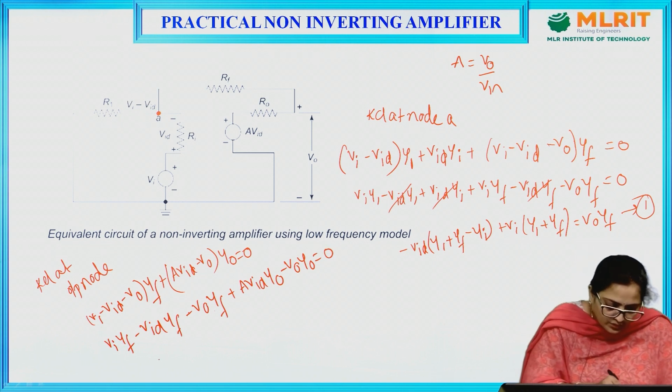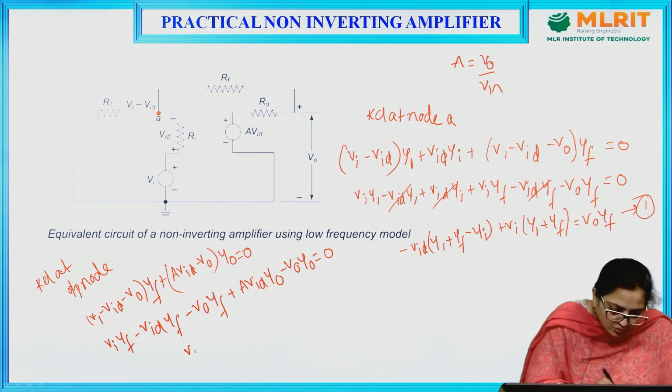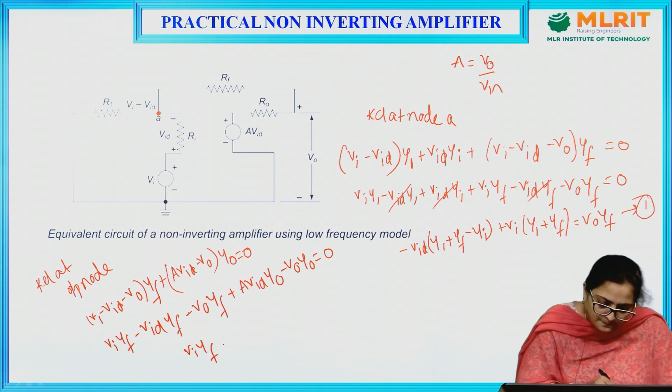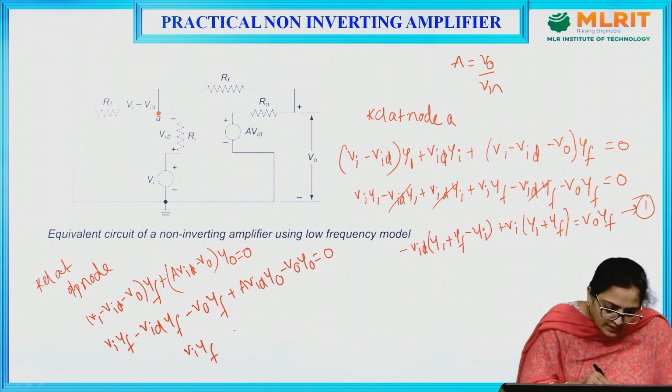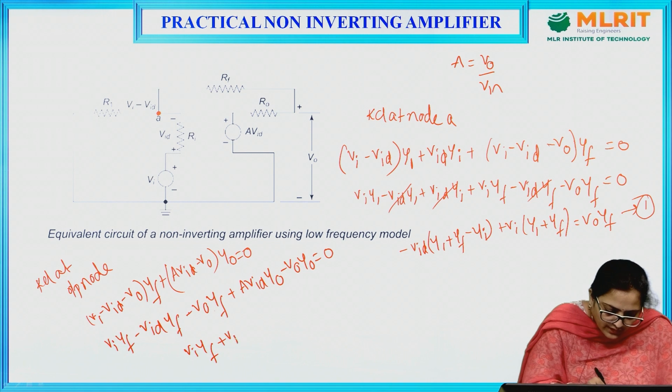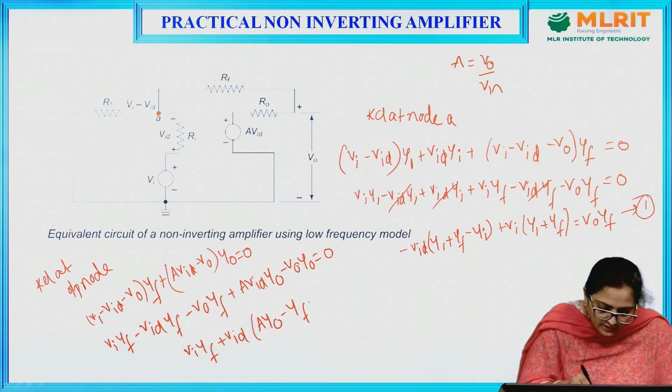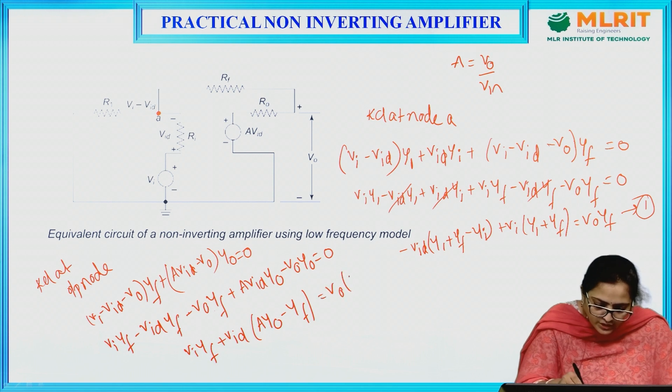So, here you can take VI into YF, and if you take VID common, then you can write as A into Y naught minus YF is equal to V naught into Y naught plus YF.